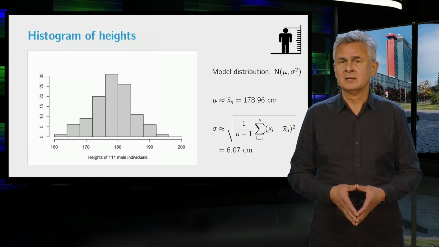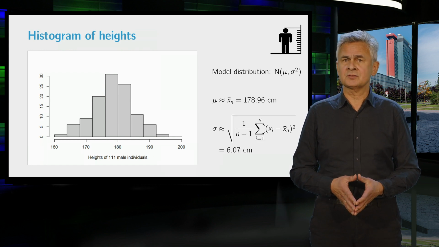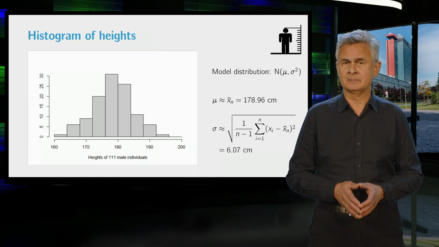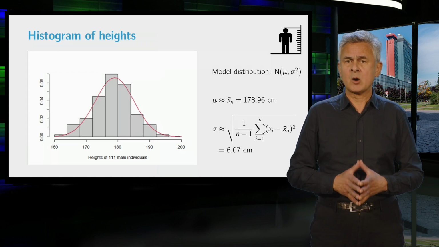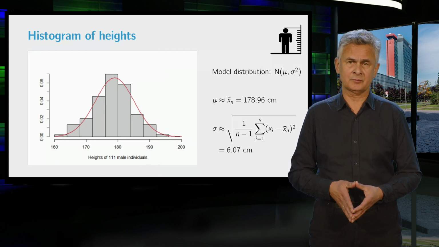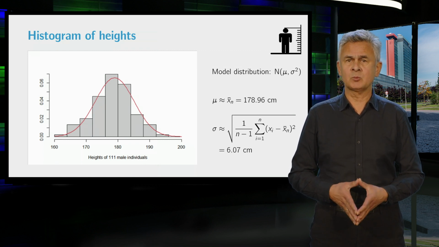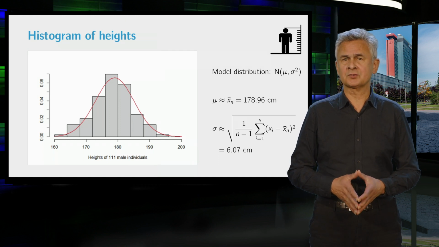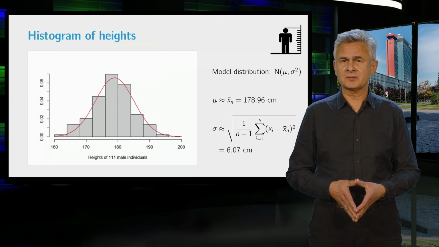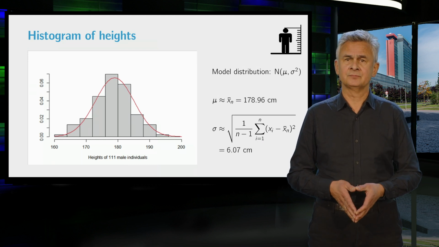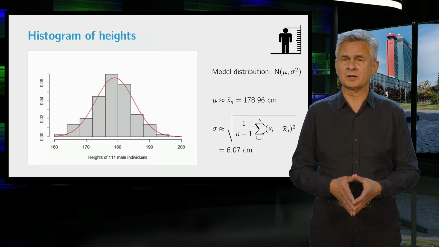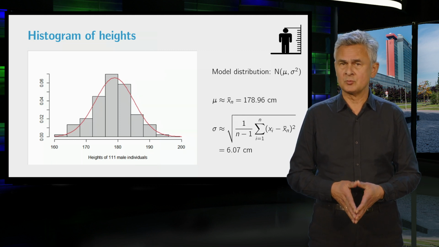And similarly, the sample standard deviation, 6 centimeters, seems a good choice for sigma. Now, when scaling the histogram such that it has area 1 under the curve, it can be compared with the density of a normal distribution with mu and sigma equal to 179 and 6. In view of the fact that this sample size is only 111, the match is reasonably good.